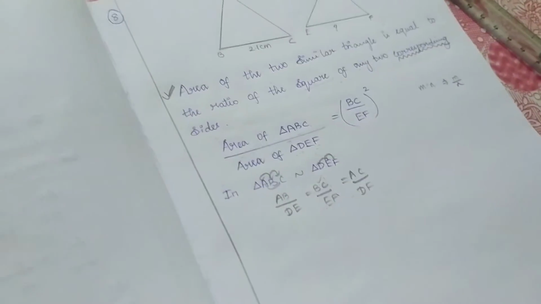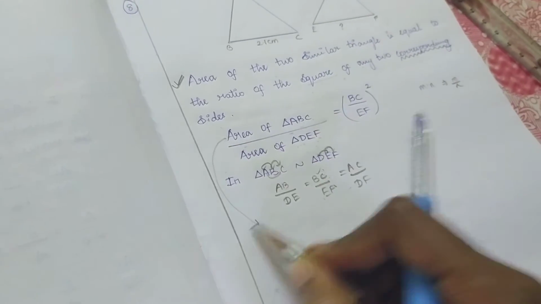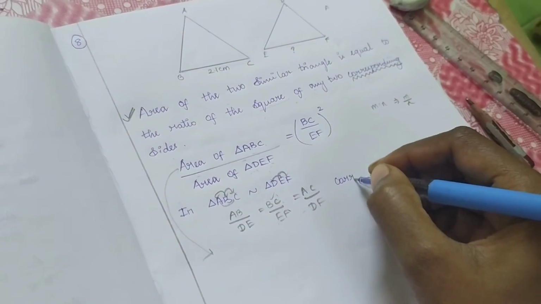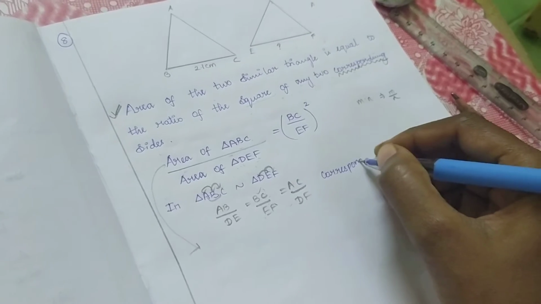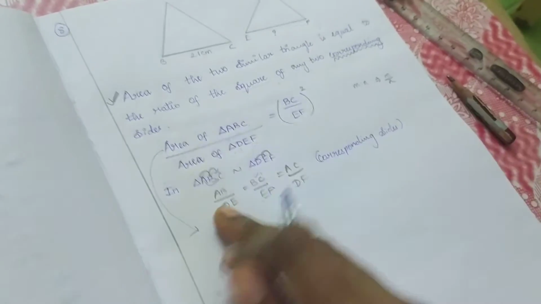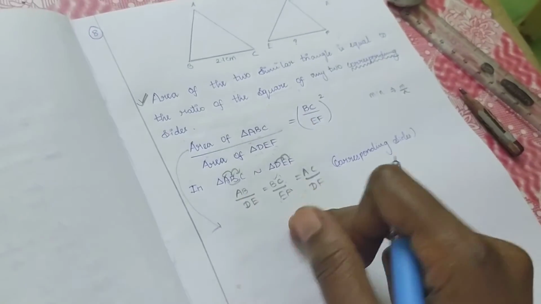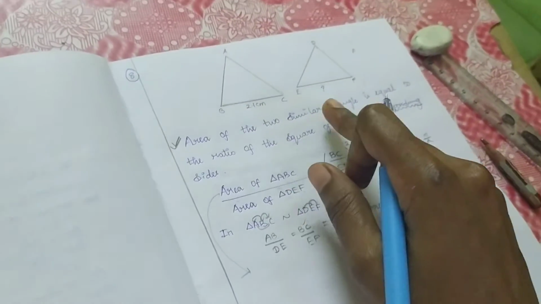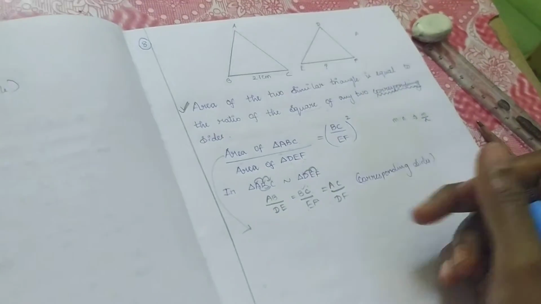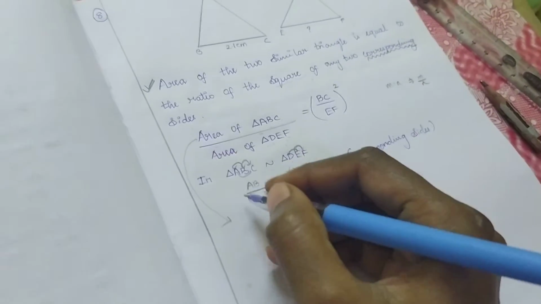Then I can write this, because the ratio of the areas of two similar triangles is equal to the ratio of the squares of the corresponding sides.